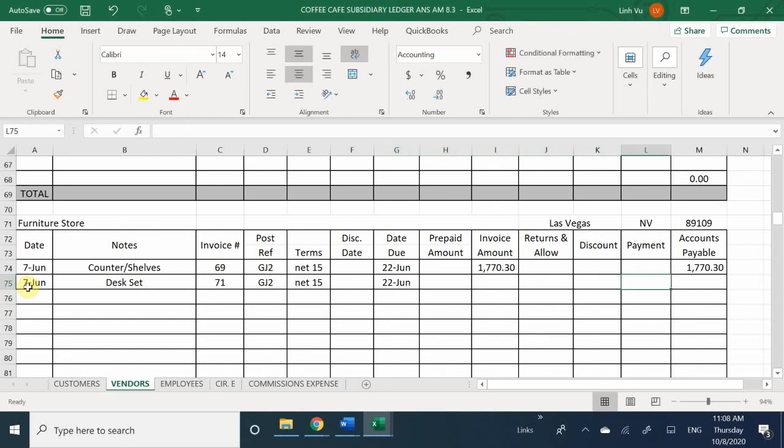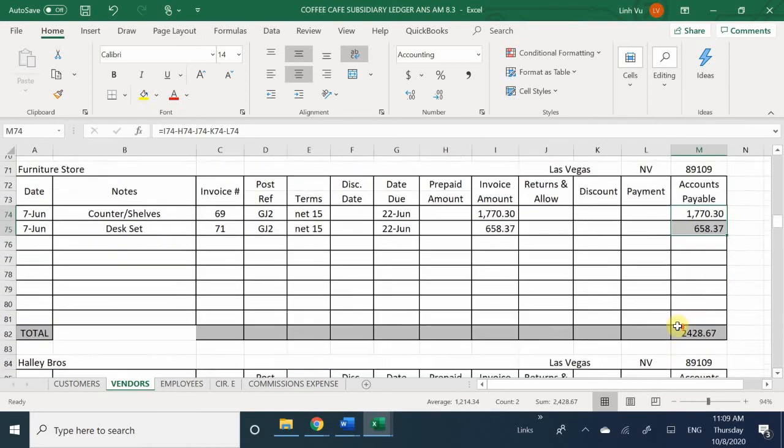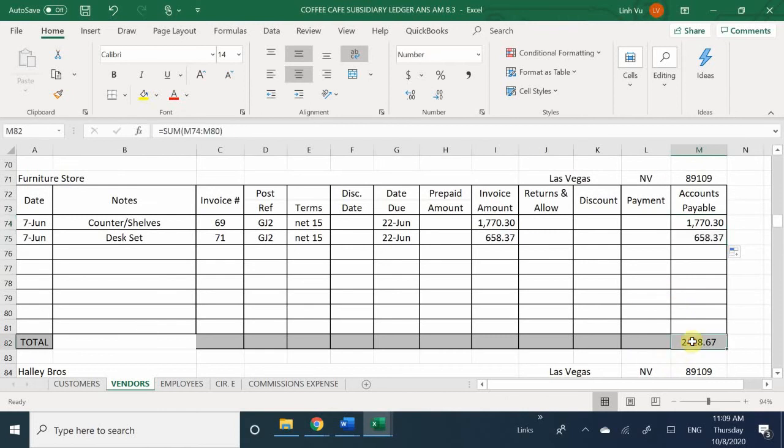But this time it's going to be for the invoiced amount of $658.37, which, if you've already placed your formula in here in the first place, you should be able to pull that down to be $687.37.